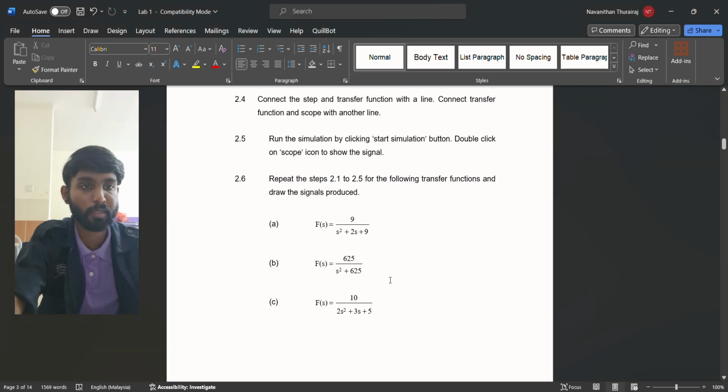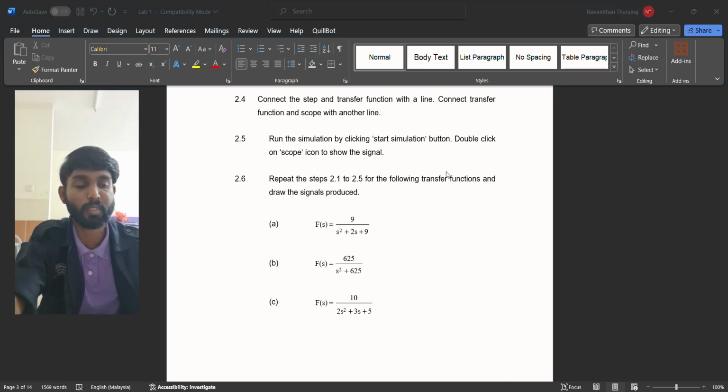Let's check once again: s square plus 2s plus 9. So this is the scope. What you have to do is simulate, and after simulating, this is the graph for the first one.